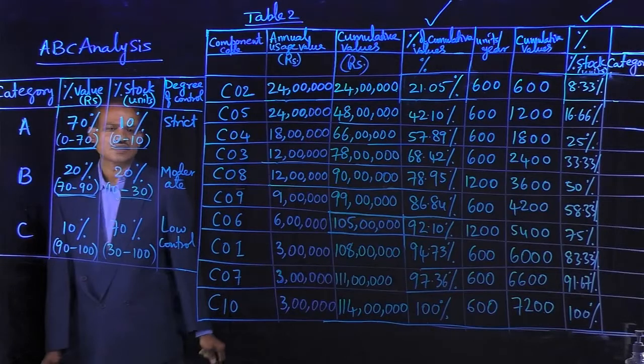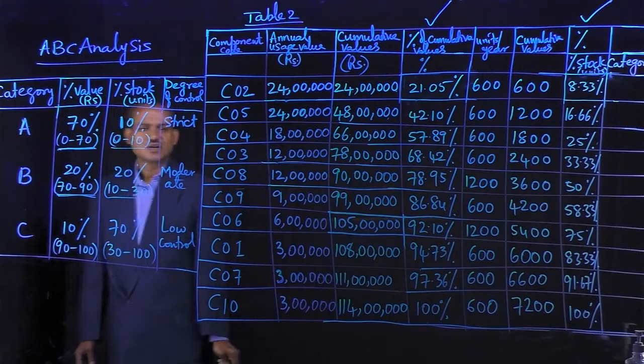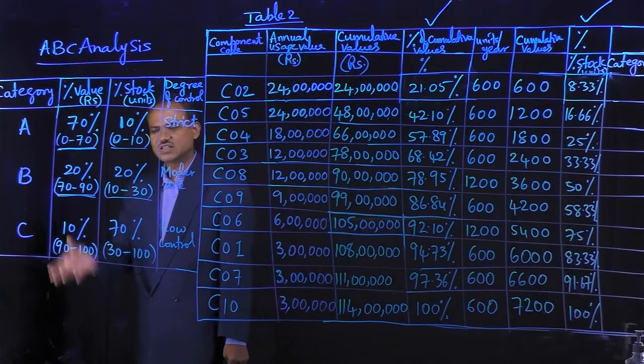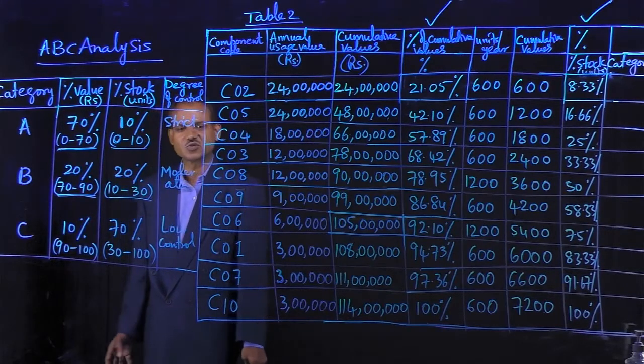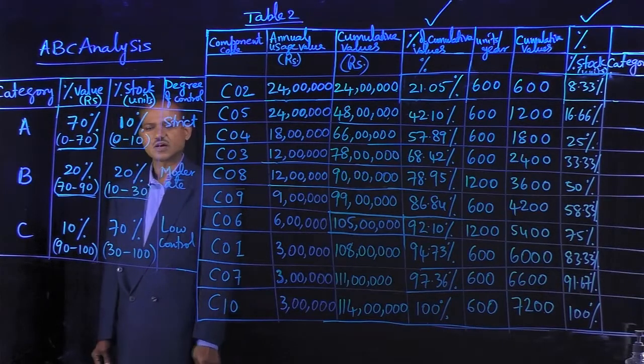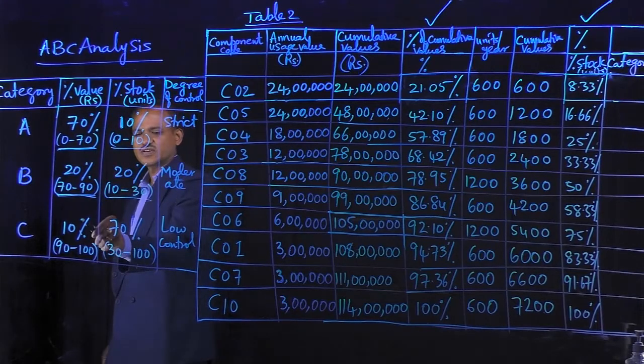The last category of item is C class items. C class items are the cheaper items like bolts, nuts and washers. In mass production we use these items in huge quantities. Therefore, their cost is very low. Out of 100%, only 10% is stock price. This is the cumulative range, 90 to 100.